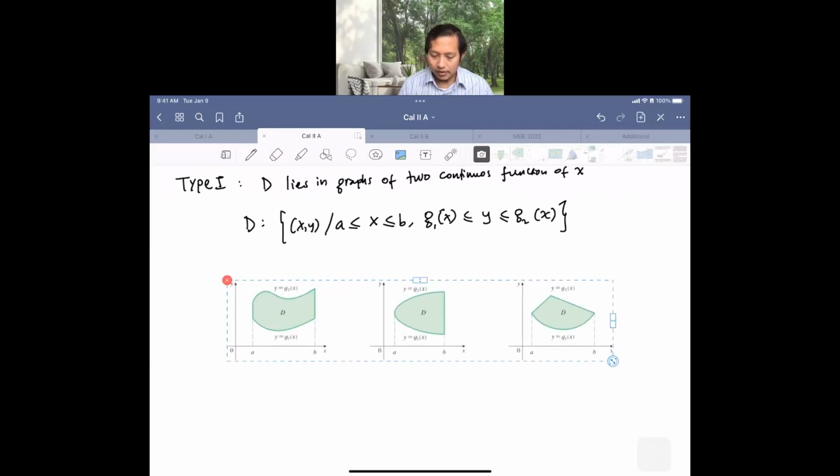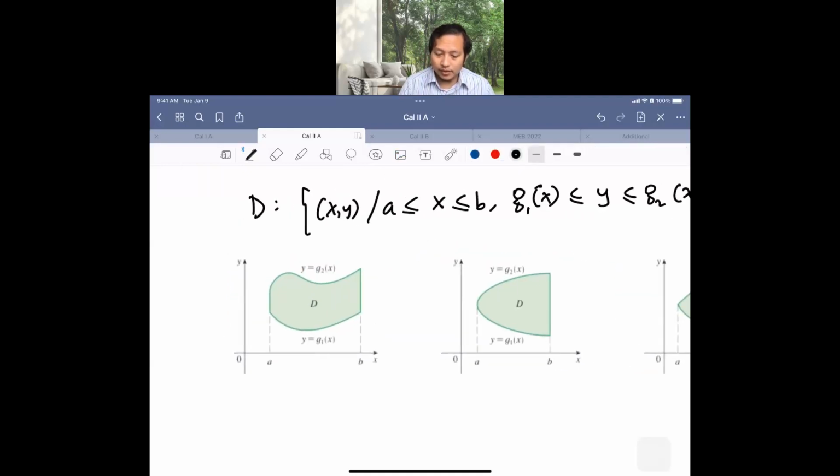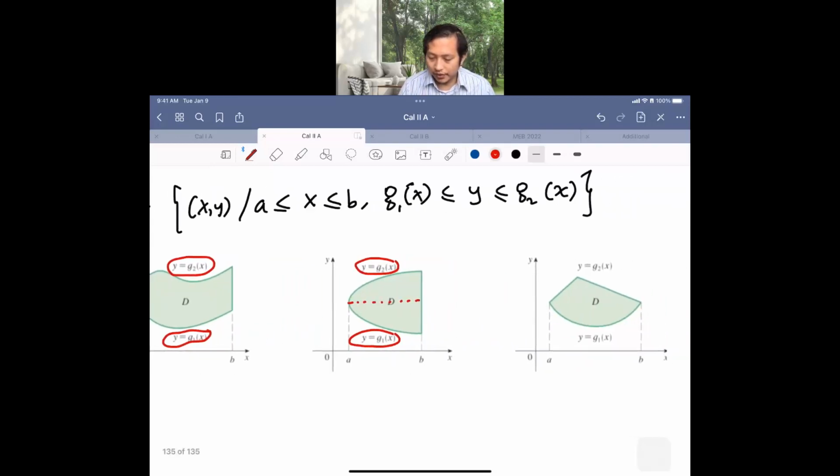The D can be described first in a function of x. So we have a function of x, and another function of x here. So you can take a separation here, and another function of x: this one and 1 and 2.